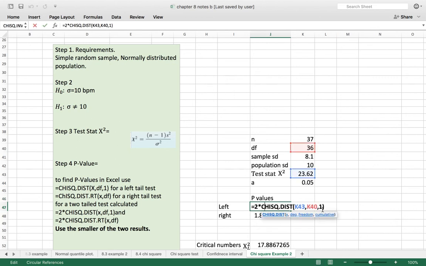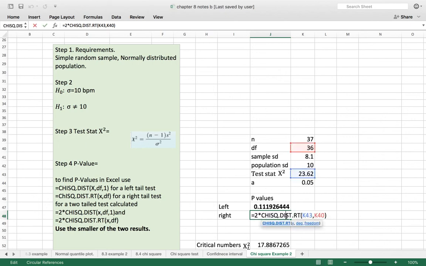On the left, we're going to use 2 times the chi-square distribution with our x being our 23.62, our degrees of freedom being 36, and we need to put a 1 for cumulative. So we end up with a p-value of 0.1119.